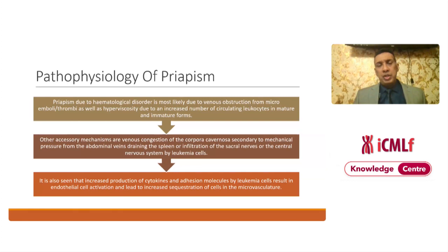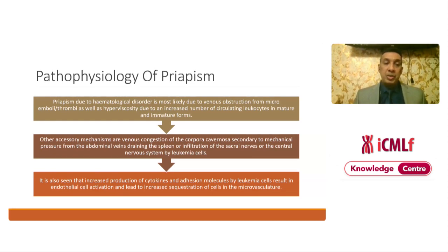What about the pathophysiology of priapism? What happens exactly? Priapism due to hematological disorder is most likely due to venous obstruction from microemboli and thrombi, as well as hyperviscosity due to an increased number of circulating leukocytes in mature and immature forms.